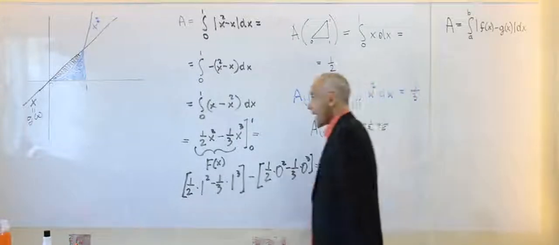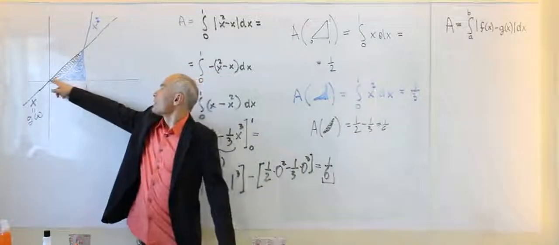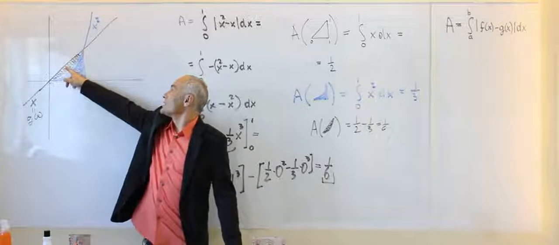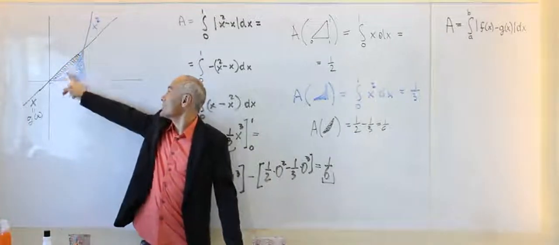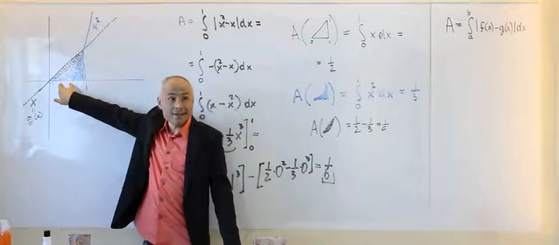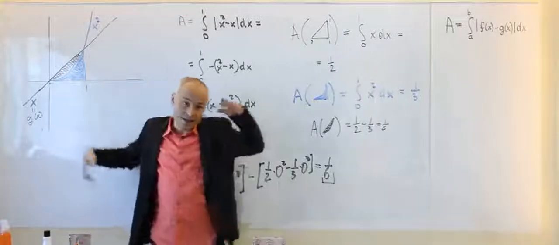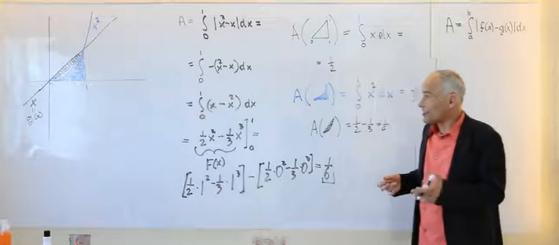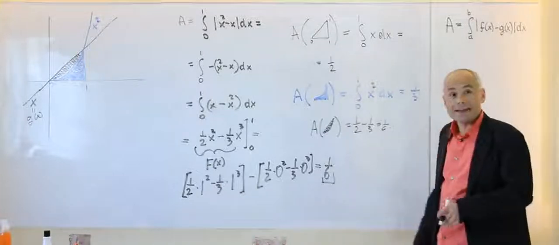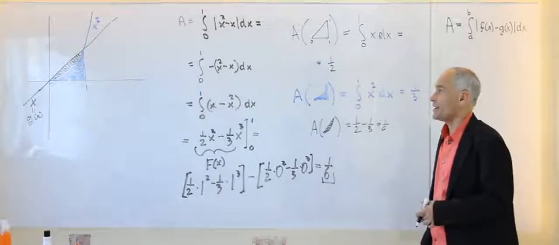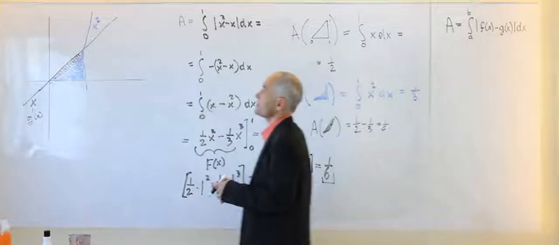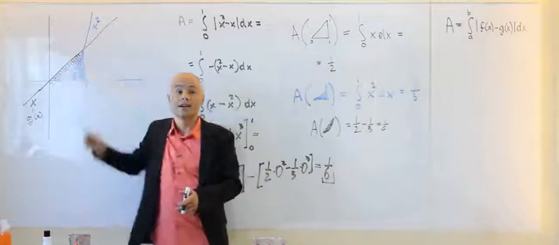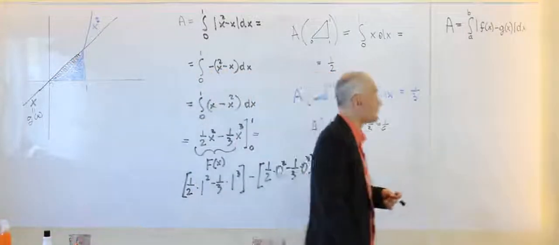In the very special case when the graphs do not intersect each other inside the interval, if one is always above the other, and say if they're in the first quadrant, you simply can subtract the two areas, the area under the graph of one minus the area under the graph of the second one.